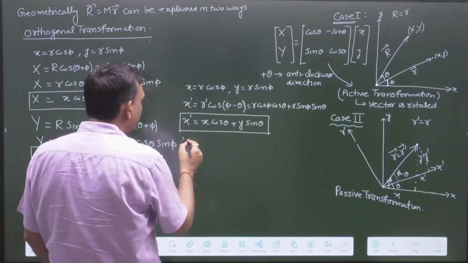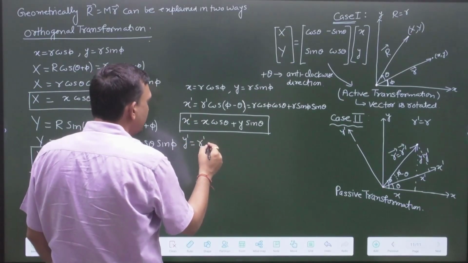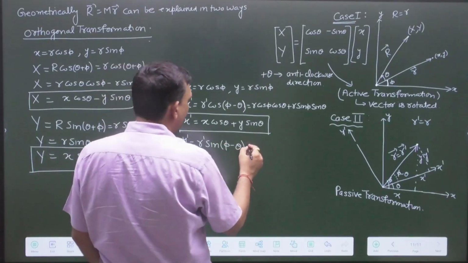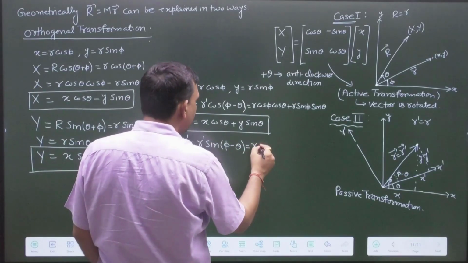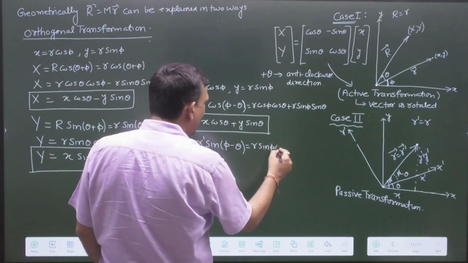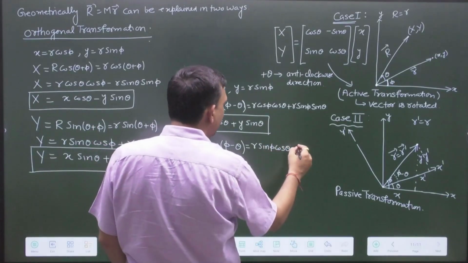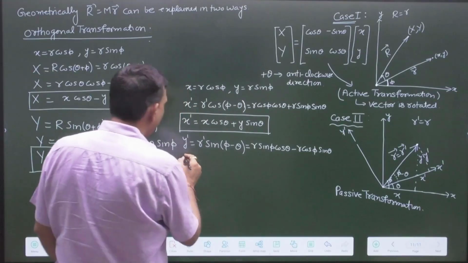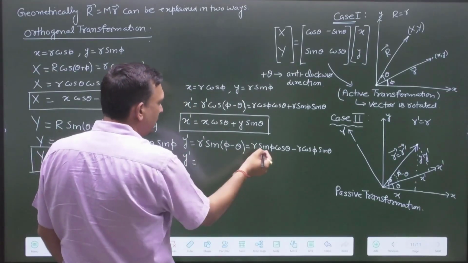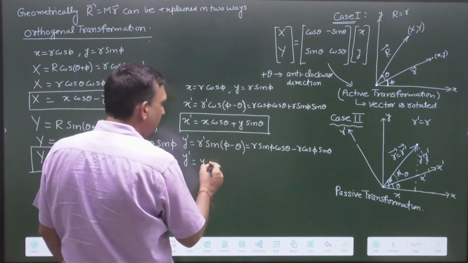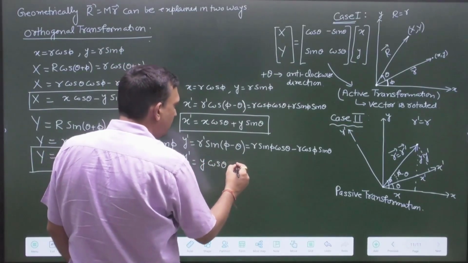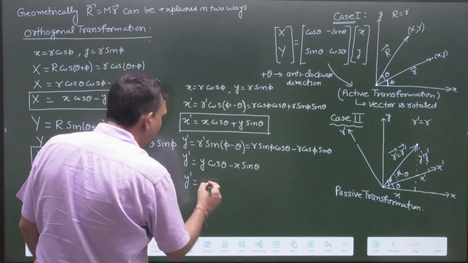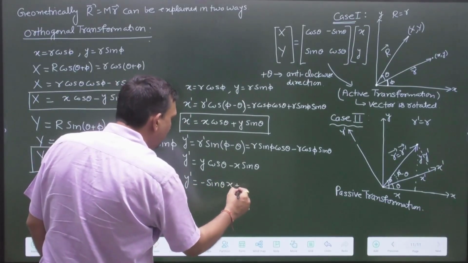And what about y dash? y dash is r dash sin(phi minus theta). r dash is small r, so that is r sin A cos B minus cos A sin B. So y dash is given by y cos theta minus x sin theta, or this equation can be written as y dash equals minus sin theta x plus cos theta y.